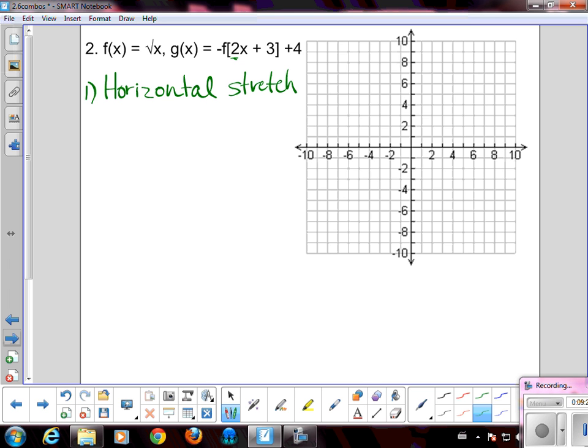So the horizontal stretch. Okay, and we're going to take a little closer look at that in a moment. I'm just going to put a star there. And then we also have a reflection here. You can see the negative in front. So then we would do our reflection.